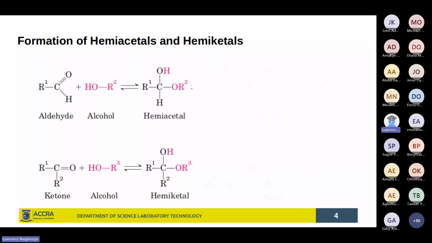But this is happening within the molecule itself. That is why we refer to it as an intramolecular interaction. So not an intermolecular interaction or intermolecular reaction, no, but this is intramolecular. Within the molecule of the monosaccharide itself, you have this interaction that can result in the formation of cyclic structures.